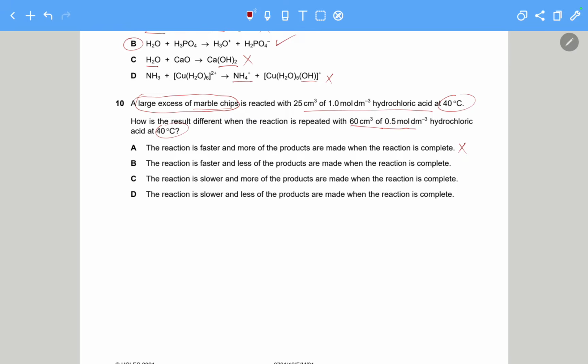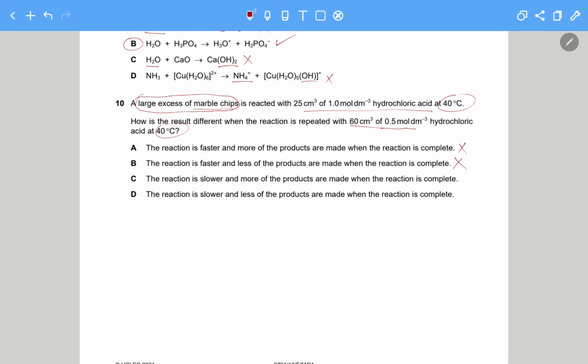The reaction is faster and less of the products are made when the reaction is complete. Again, the reaction has to be slower, so B cannot be the answer because the concentration is lower. Option C, the reaction is slower and more of the products are made when the reaction is complete. So the reaction is slower, we know that, but the amount of products, let's see how many moles of hydrochloric acid are being used.